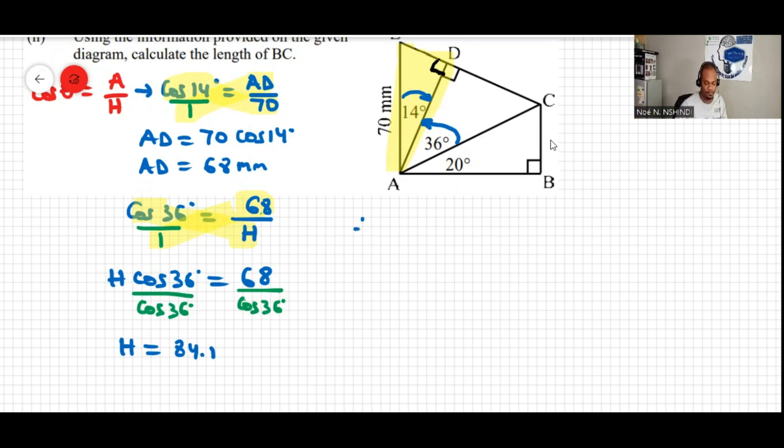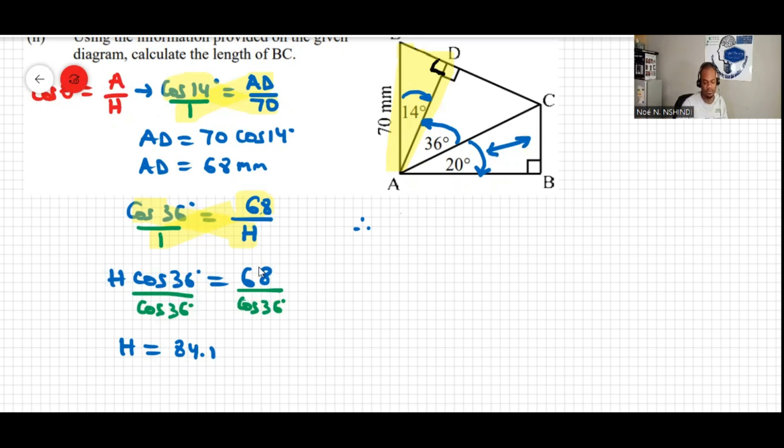Now we can find BC. Let's just call it BC, as we should indicate. BC will be what? This angle 20 degrees is adjacent to AB, and it is opposite to BC.